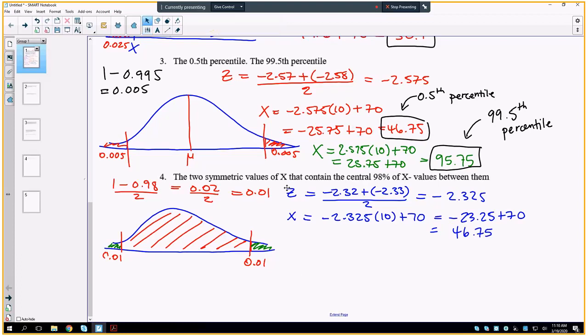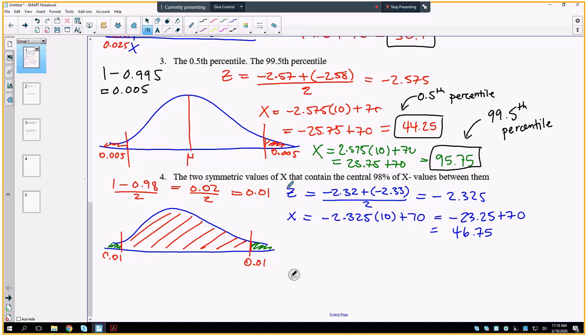I made a typo because I was doing the wrong problem. You might have caught that as you were watching this video, so let's fix this here. 70 minus 25.75 is 44.25. So I apologize there. The rest of the work is the same, and this value 95.75 is correct.